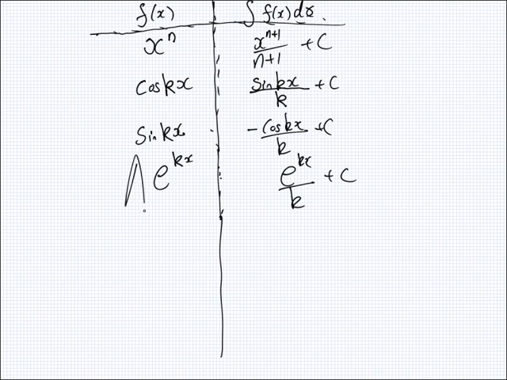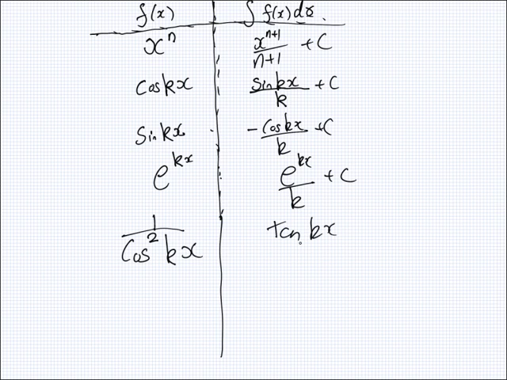If you had a constant here, then it just goes here. 1 over cos squared kx will be tan kx over k.